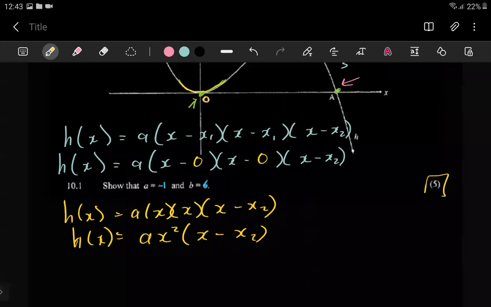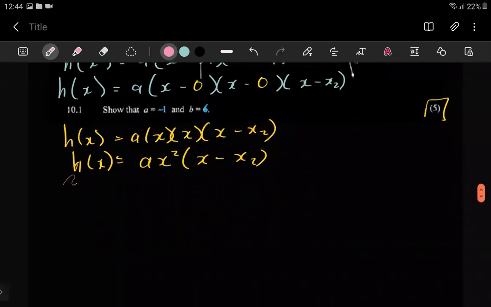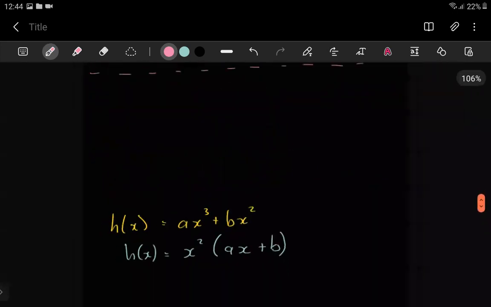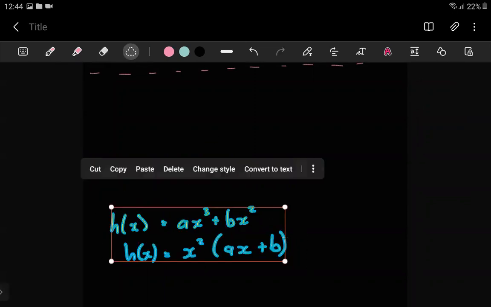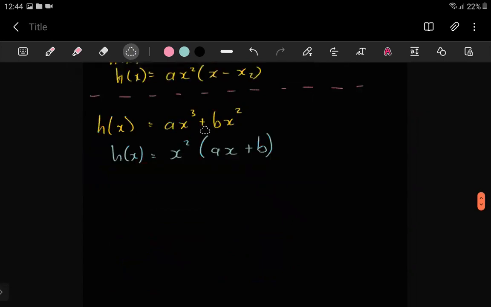to answer the question. So what you would much rather use is this specific question, because this is more generic. But if we're now looking at what is actually given in our question, we're given h of x is a x cubed plus bx squared.